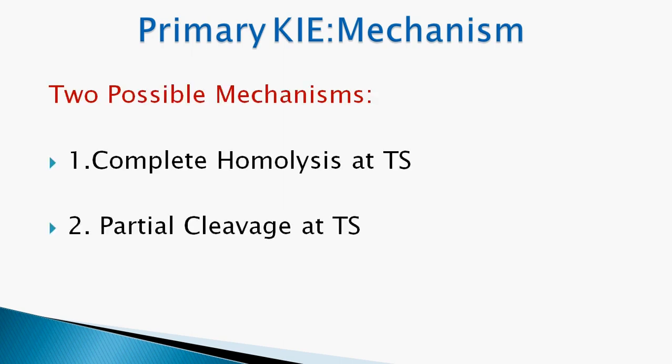In the first type, the bond undergoes complete cleavage or complete homolysis at or before the transition state, and there is one more possible mechanism where the bond undergoes partial cleavage at the transition state. So accordingly, KIE also has two types of mechanism, namely complete homolysis at the transition state, and primary KIE where there is a partial cleavage at the transition state.